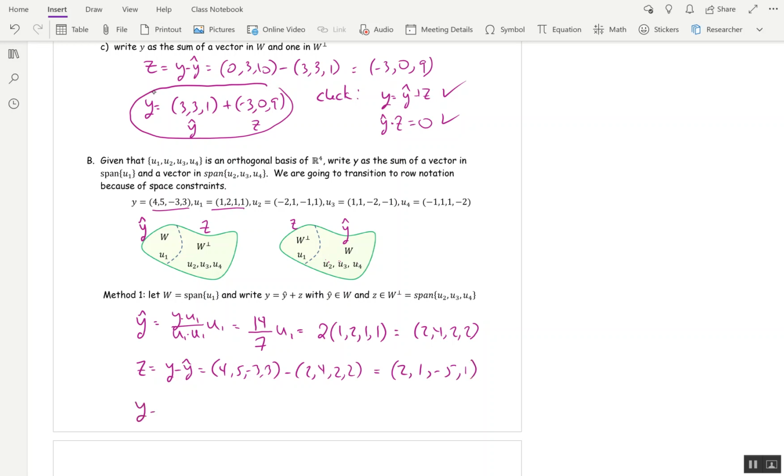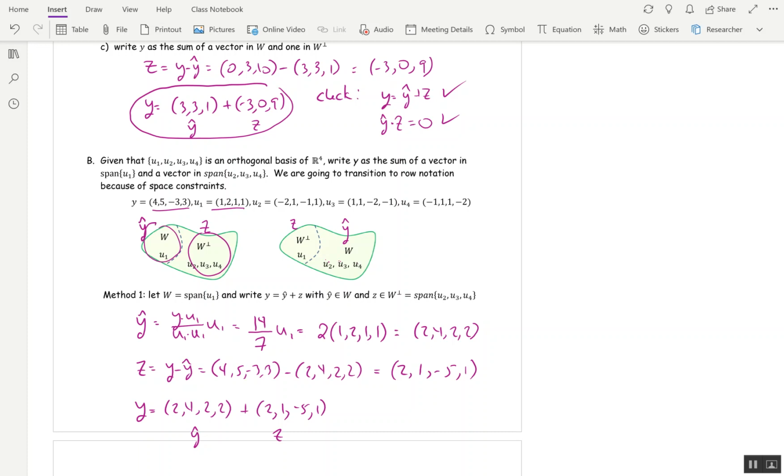So Y is 2, 4, 2, 2 plus 2, 1, negative 5, 1. This is my Y hat, and this is my Z. Those are perpendicular. Y hat lives in this space W, Z lives in W perp. That required a minimal amount of effort.